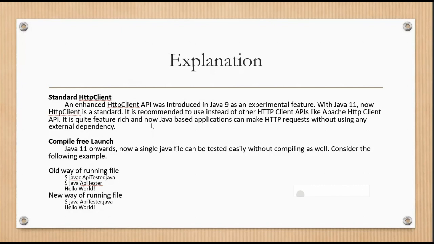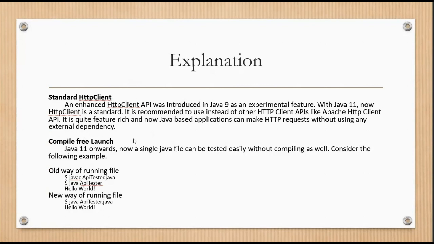It's quite feature rich, and now Java-based applications can make HTTP requests without using any external dependency. Means you don't need to add any additional dependency to your project. Java 11 internally has this HTTP client class, so you can use it in your code without any dependency.